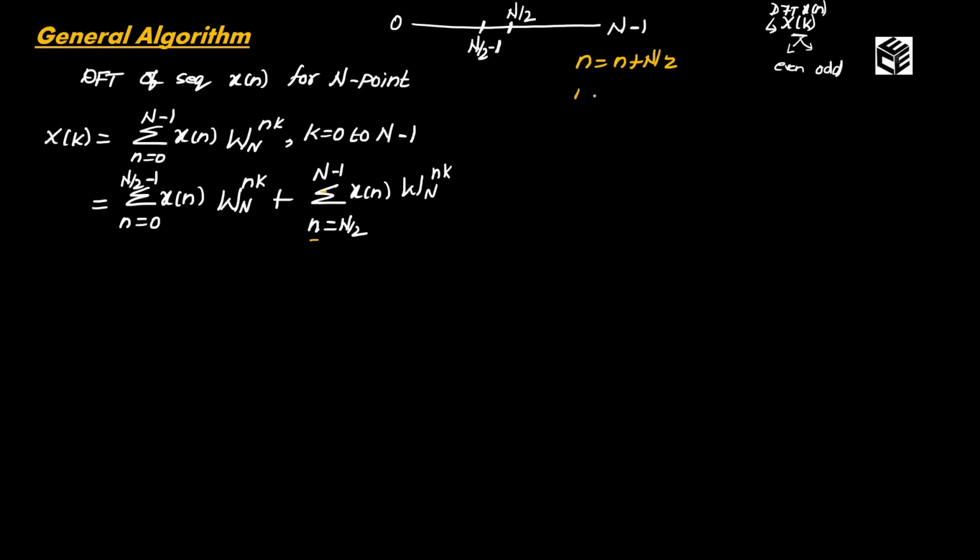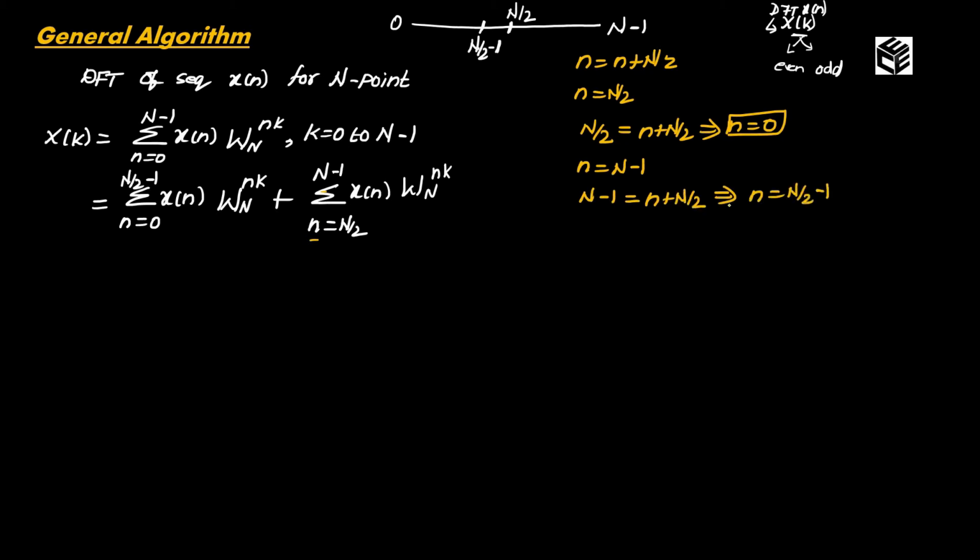If I apply n equal to N by 2 in this expression, then N by 2 equals n plus N by 2, which implies n equals 0. Also, if I apply n equal to N minus 1, then N minus 1 equals n plus N by 2, which implies n equals N by 2 minus 1. So my limit will be from 0 to N by 2 minus 1.